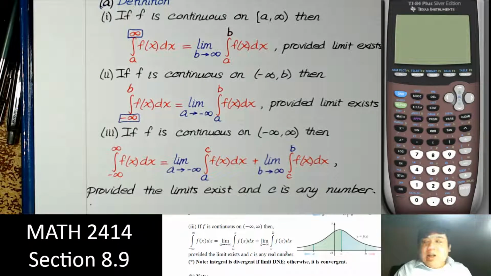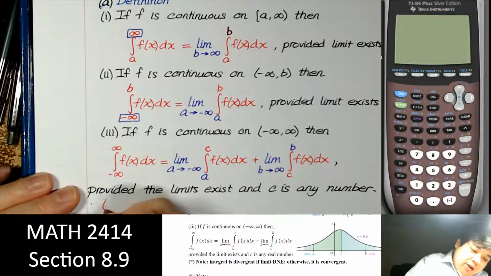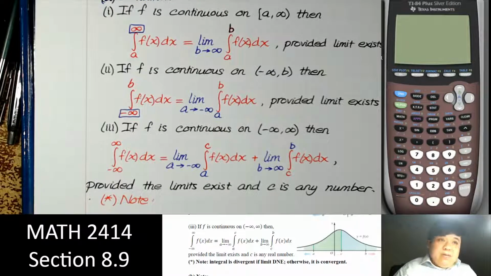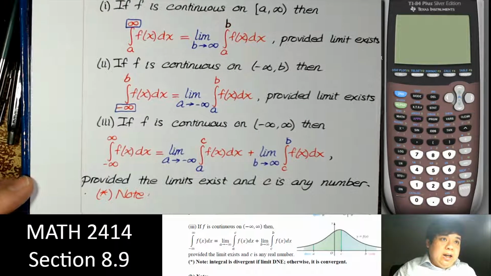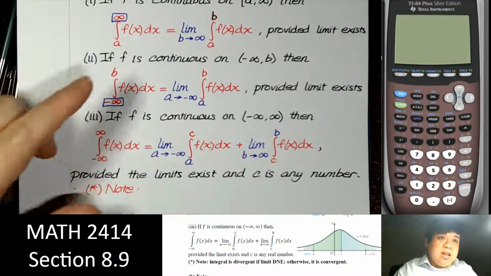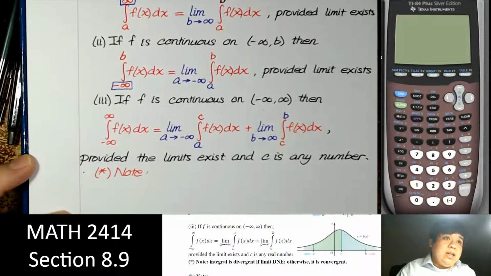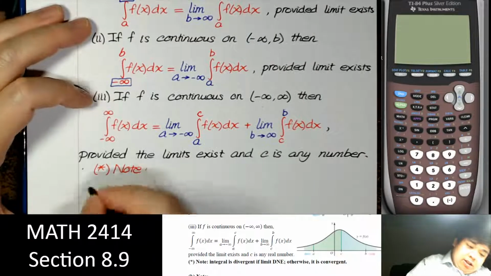Most importantly, when we define this, we have some terminology here. If the limit exists, the improper integral is said to be convergent. Otherwise, it's said to be divergent.